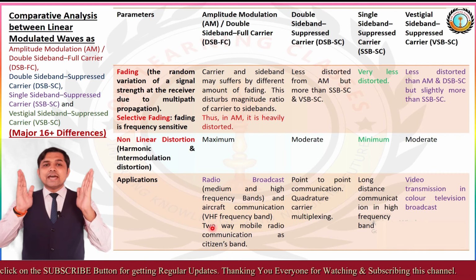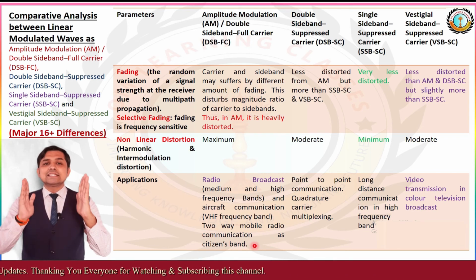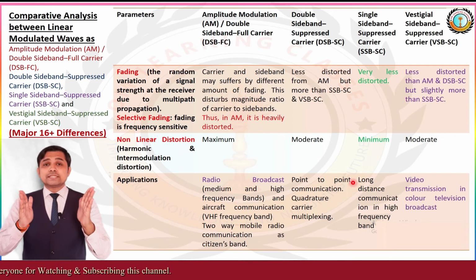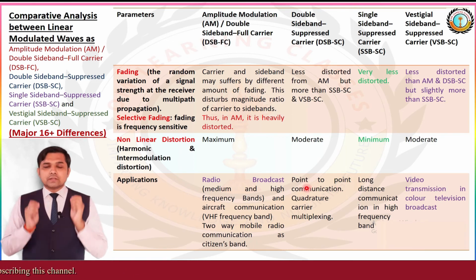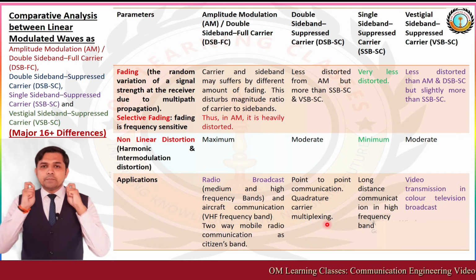It can be used as two-way mobile radio communication as citizen band. Now DSB-SC has application for point-to-point communication. It has application in quadrature carrier multiplexing.